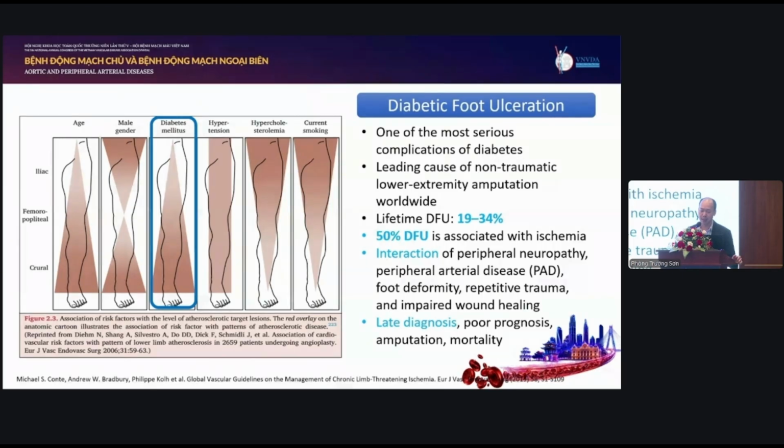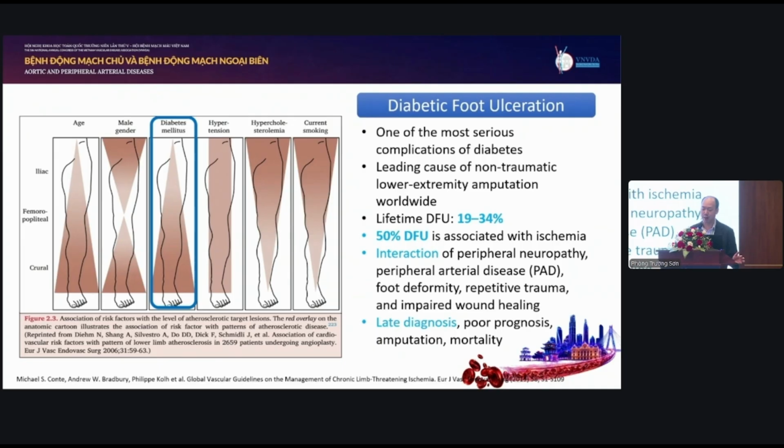There is an interaction among multiple factors like neuropathy, PAD, trauma, and impaired wound healing. Most patients come at a late stage with a poor prognosis and high risk for amputation and mortality.